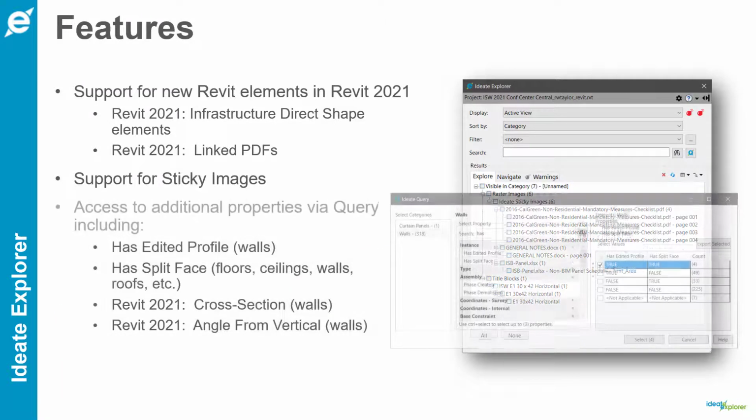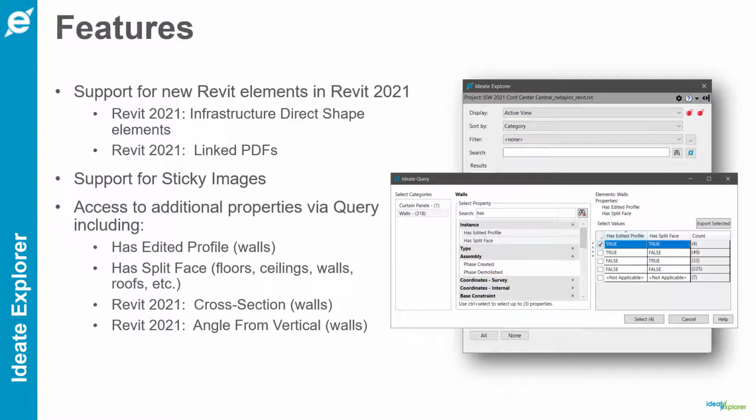The Has Edited Profile for walls and Has Split Face property that is also available within ID8 BIMLink is now available within ID8 Query. You can dynamically review the selected element or elements and choose to edit the profile if necessary. For Revit 2021 versions, the added properties for wall cross-section and angle from vertical are also available within ID8 Query.